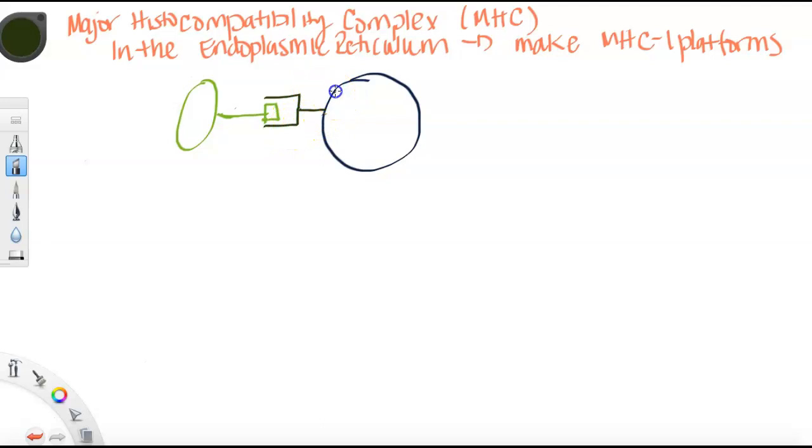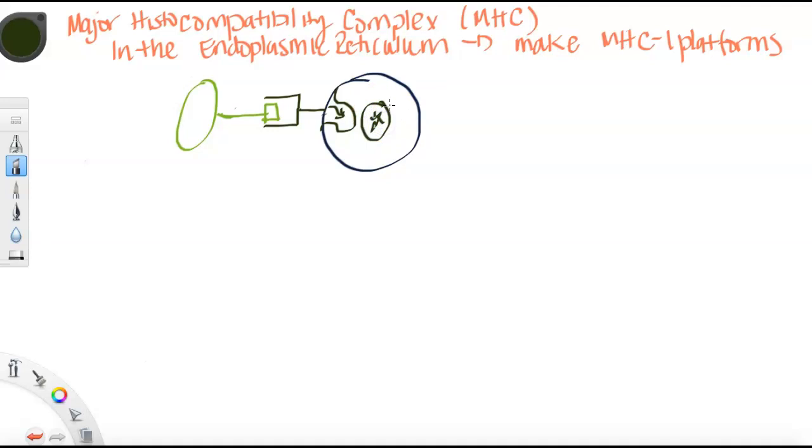So this cell is going to endocytose this thing, bring it in, put it in a vesicle and break it down to its little protein parts, whatever those are.